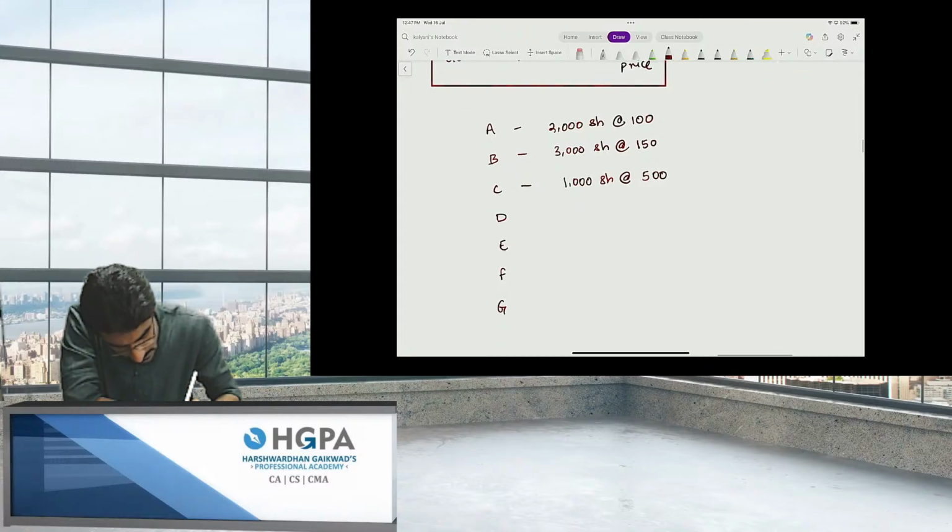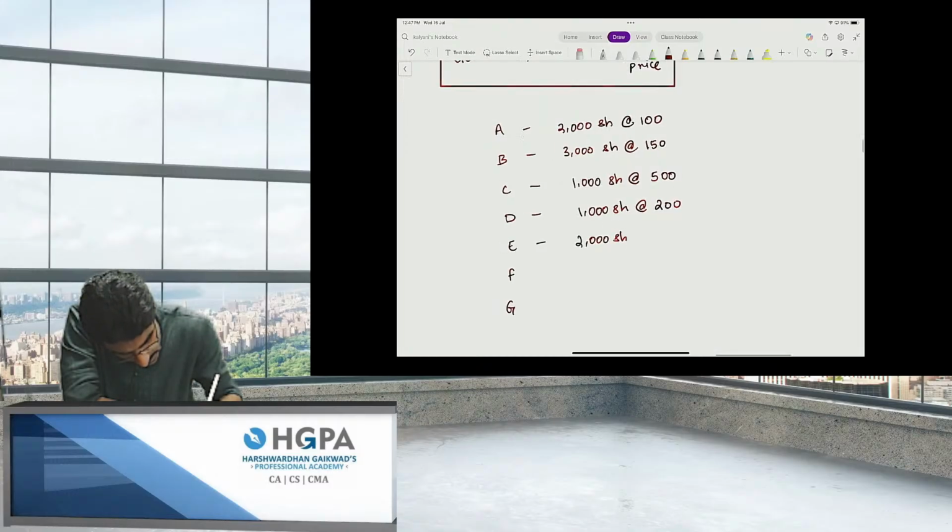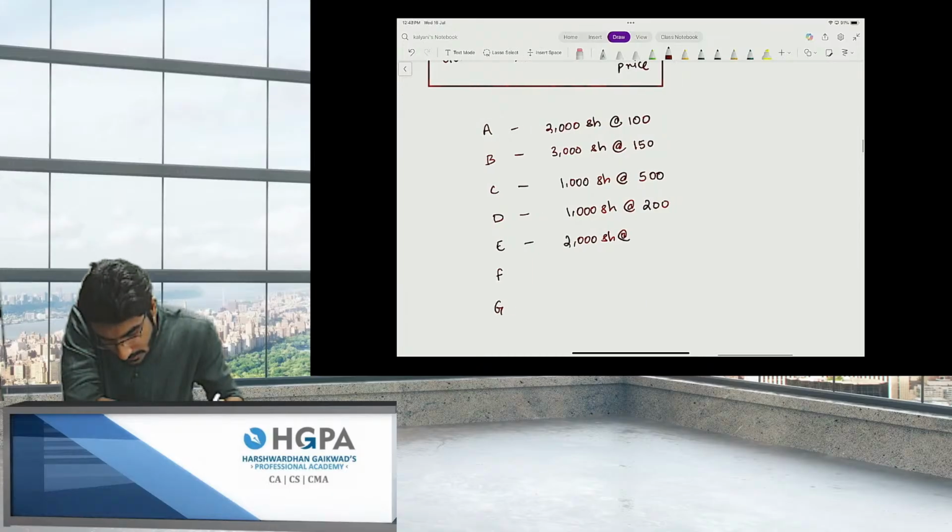And D says I want to purchase 1000 shares at rupees 200. E says I want to purchase 2000 shares at rupees 300. F says I want to purchase 1000 shares at rupees 400. And G says I want to purchase 6000 shares at rupees 150.